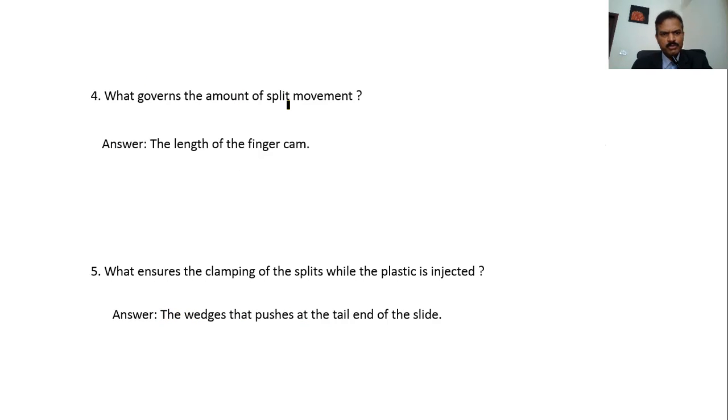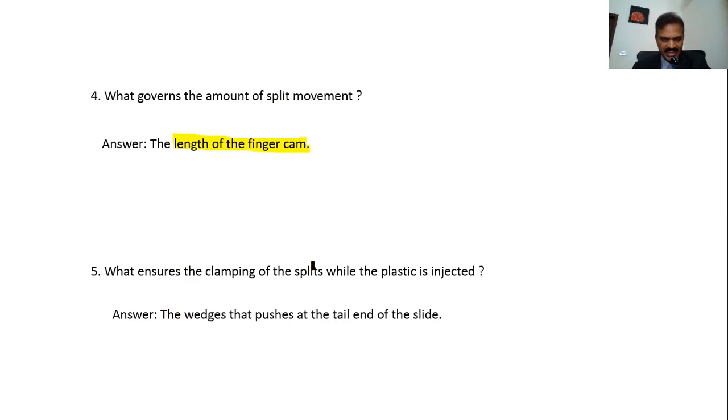What governs the amount of the split movement? A few slides back we discussed that if you want a longer movement, you increase the length of the finger cam and it will give you more movement. And what ensures the clamping of the splits while the plastic is injected? Definitely the finger cams cannot hold the splits together tight when the injection is taking place, because it does not have a sliding fit with that supplementing hole.